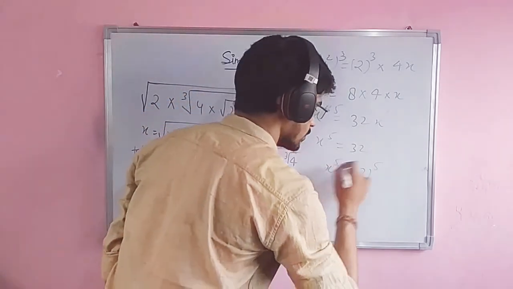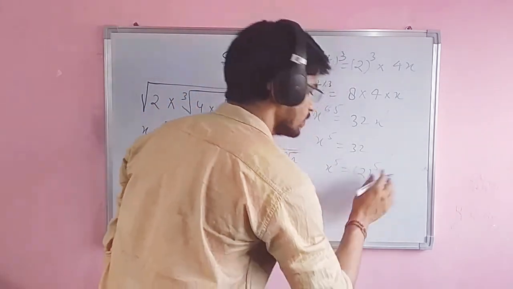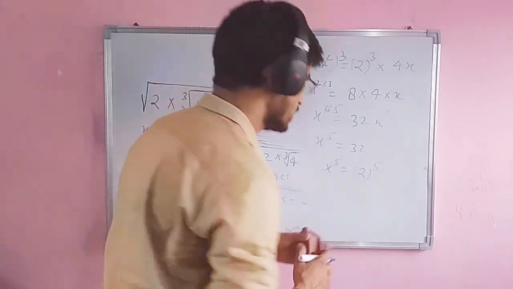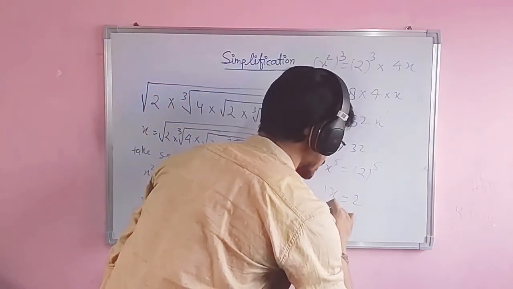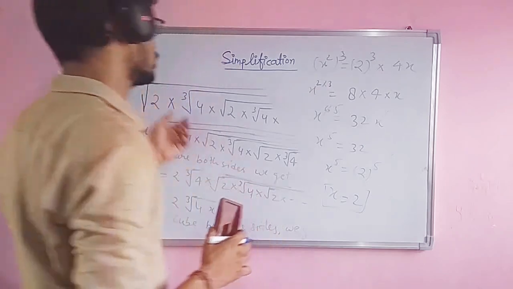On comparison of the powers on both sides, we get x is equal to 2 as the solution of this question. Clear?